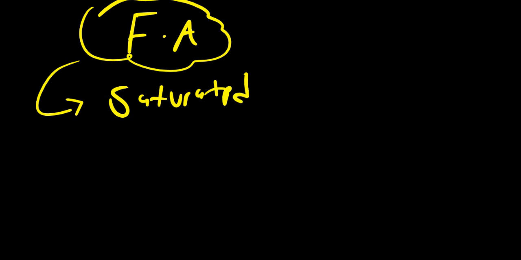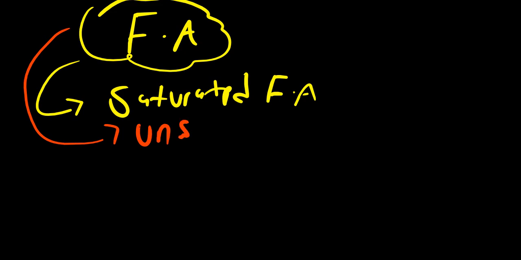Now there are 2 types of fatty acids that you are supposed to know. The first one is called the saturated fatty acid. Then the second one is an unsaturated fatty acid.